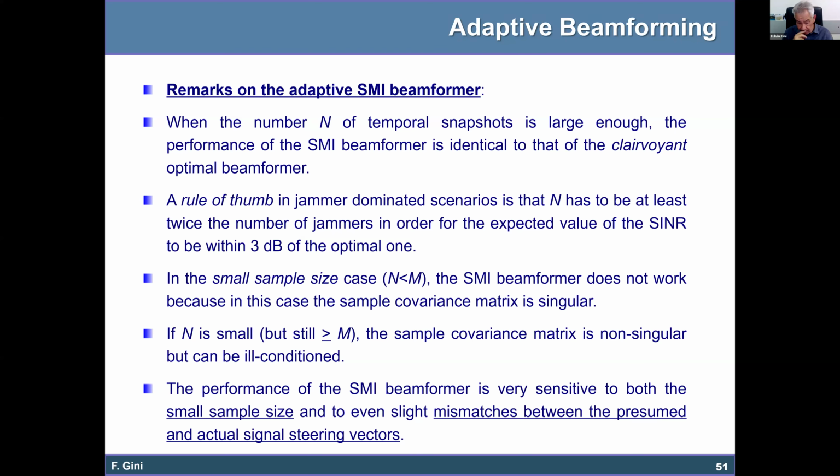So we can say that the performance of the sample matrix inversion beamformer is very sensitive, strongly depending on the small sample size, but not only: it is also affected by a mismatch between the true direction of arrival of the signal and the steered direction.